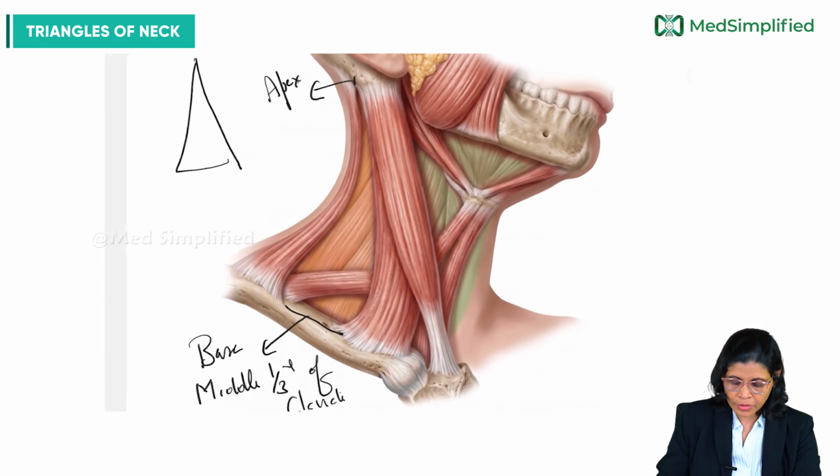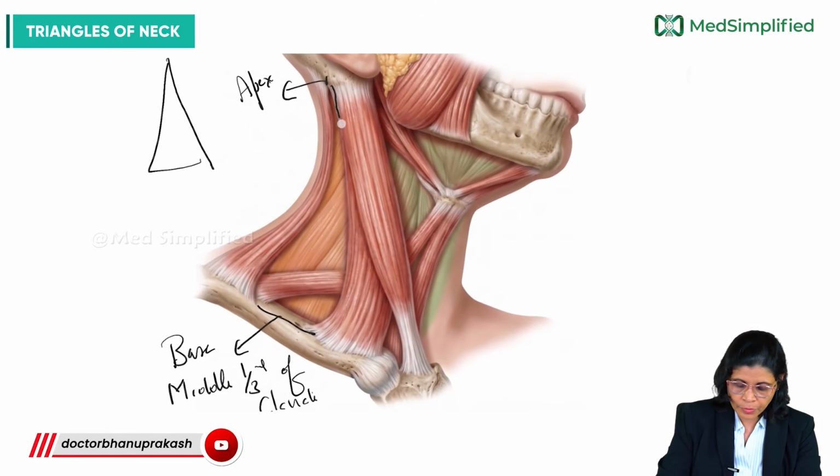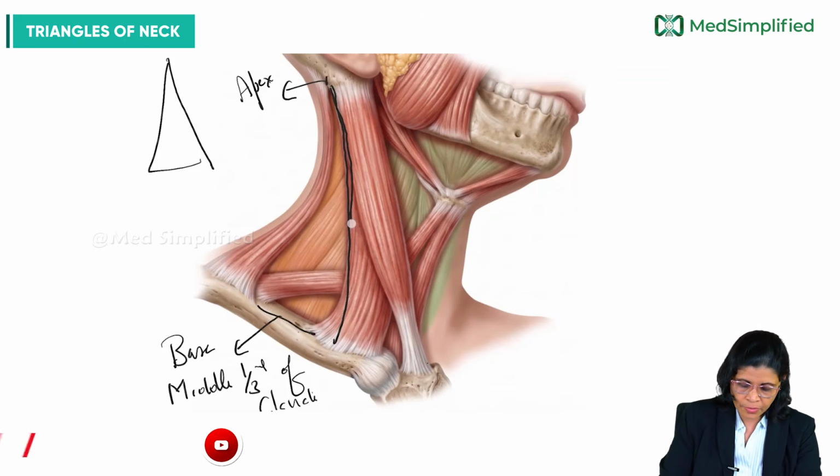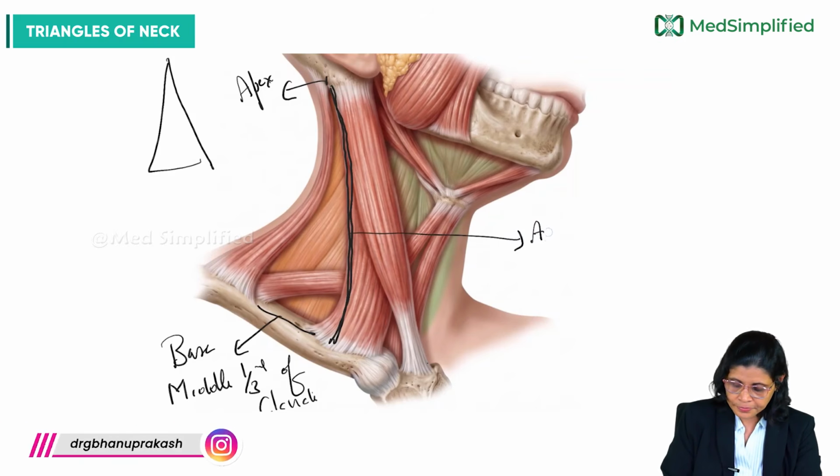The anterior border, if you see here, is formed by the posterior border of the sternocleidomastoid. The sternocleidomastoid muscle has two heads, the sternal head and the clavicular head.